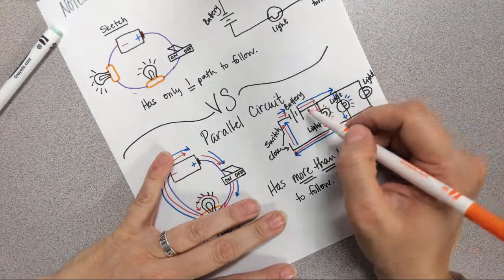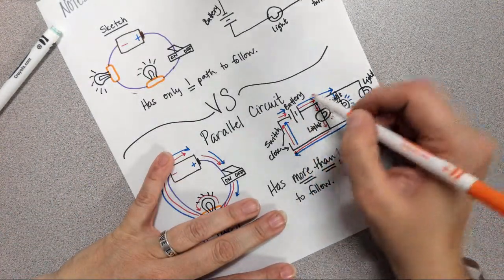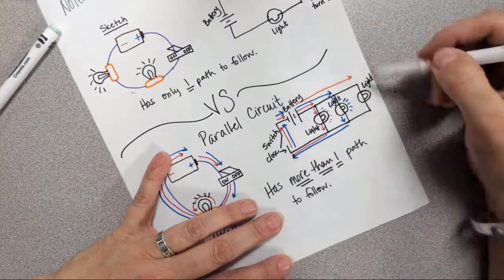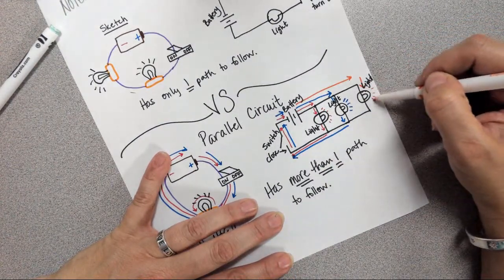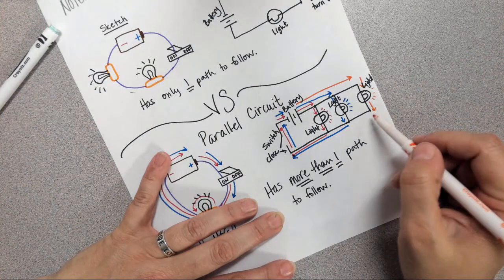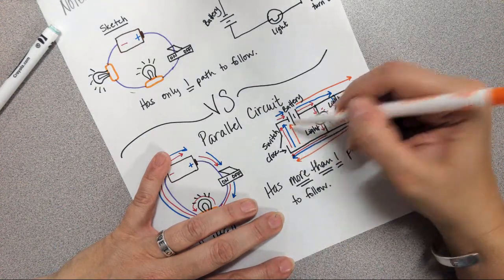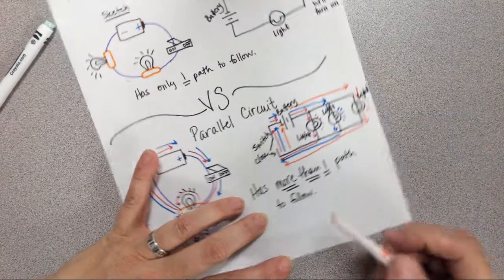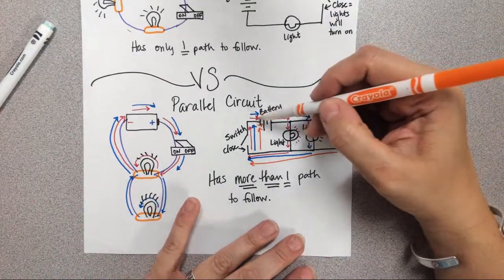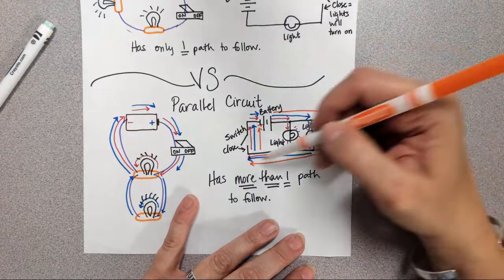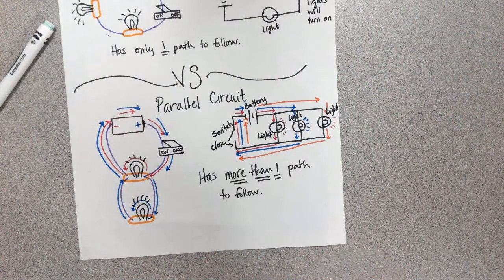Then we have the third light. Start at the battery, go all the way down to the third light, this light comes on, and all the way back to the battery. So you notice they all have their own path to follow.